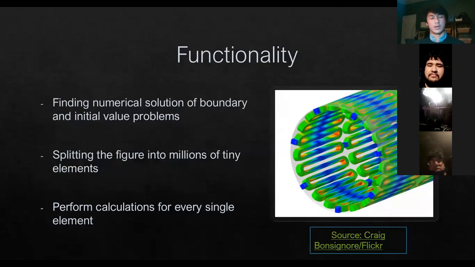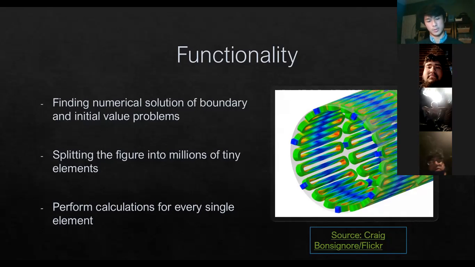The University of Texas at Austin professor J. Tinsley Oden states that the finite element method is arguably the most powerful method for finding the numerical solution of boundary and initial value problems, which are characterized by partial differential equations. Engineers can use this method to reduce the number of physical prototypes and run virtual experiments to make improvements upon their designs.